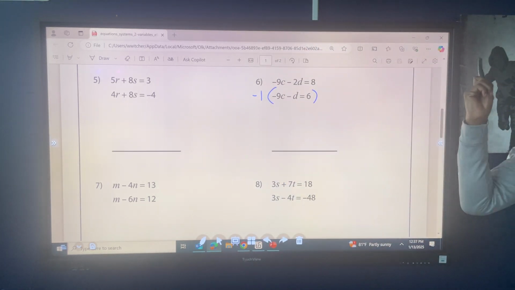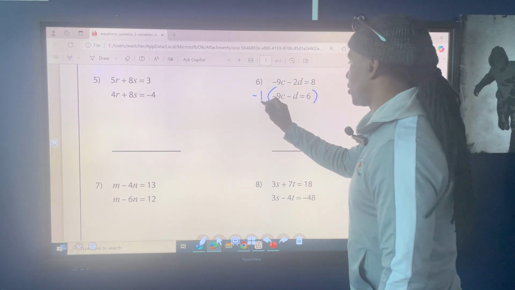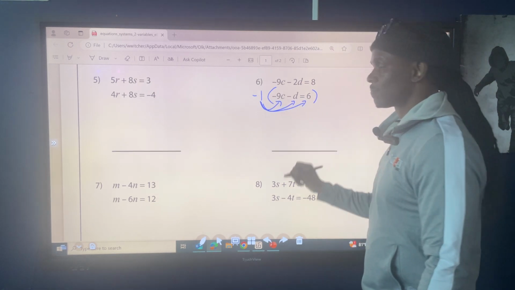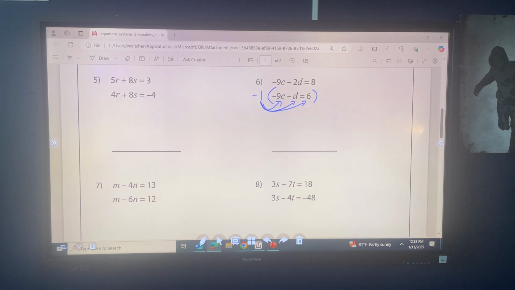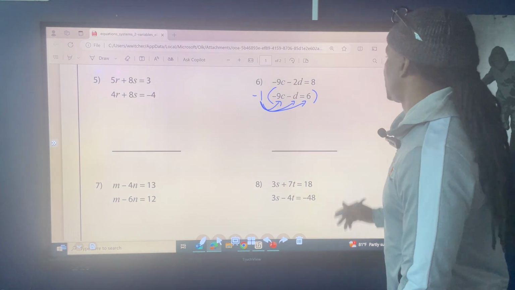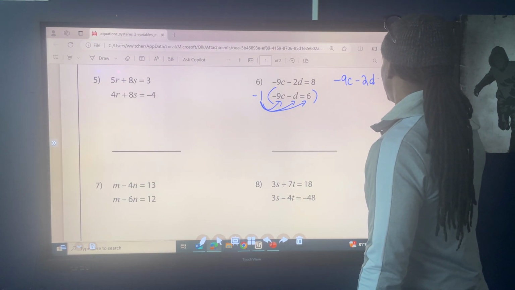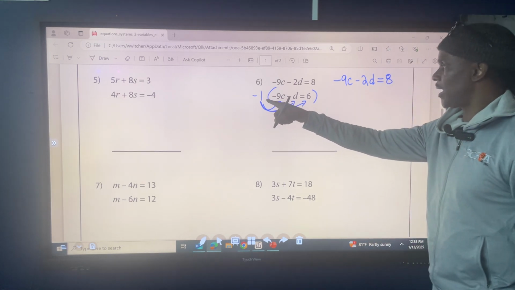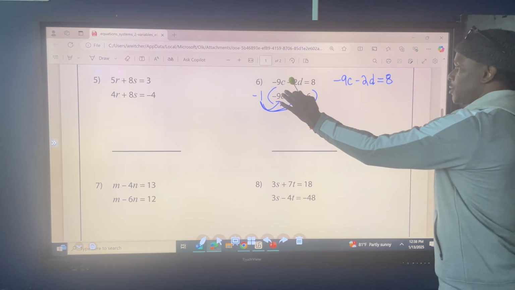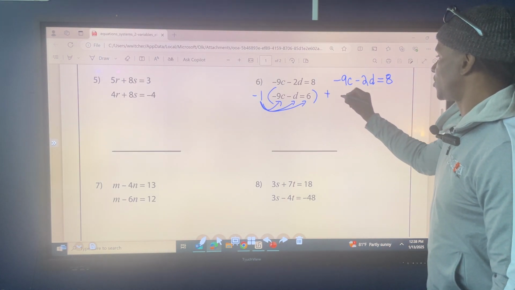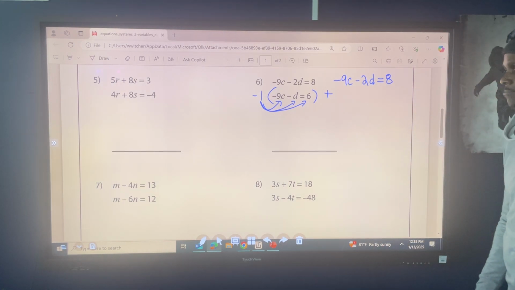So, negative 1, and you're going to distribute it, Keita, to everything on the inside. So now up top, you got negative 9c minus 2d equals 8. And on the bottom, we got what? Negative 1 times negative 9.